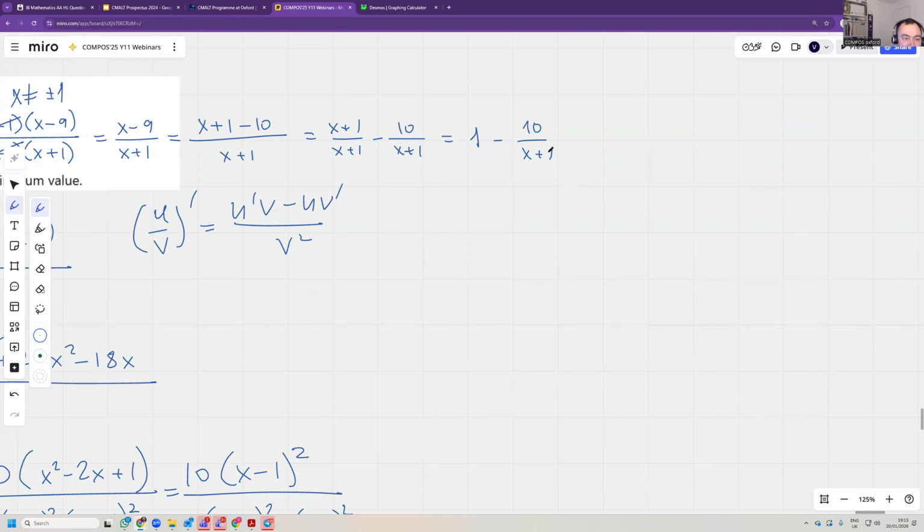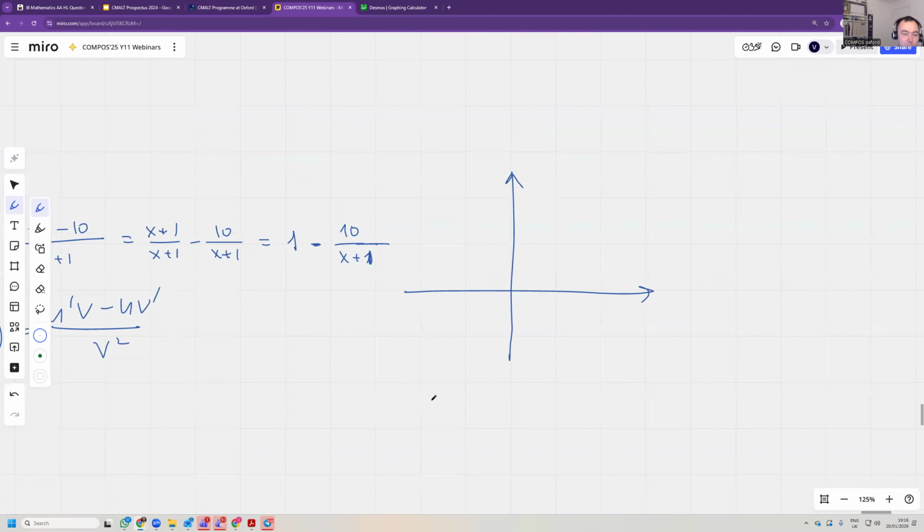So this is a graph of the function. You can sketch it. This is a transformation of the graph of y equals 1 over x. The graph of 1 over x looks like this. So it's 10, then it's shifted to the left by 1, and then it's shifted up by 1, like this.